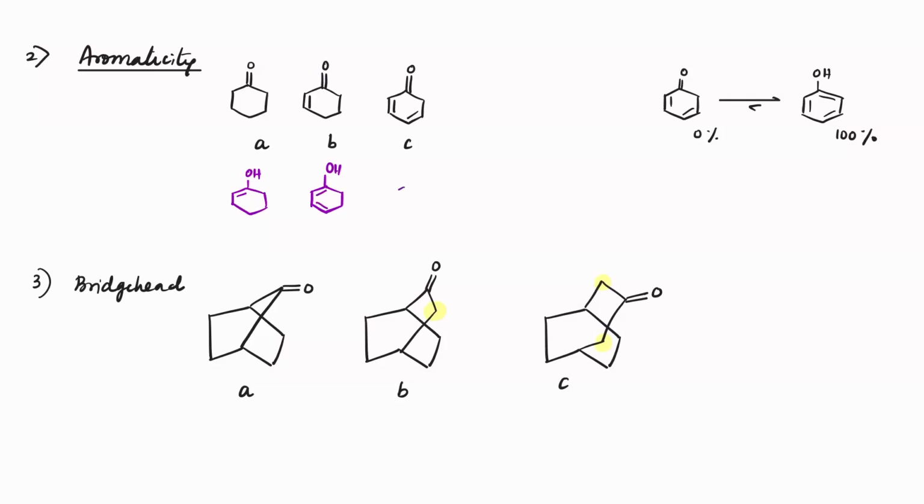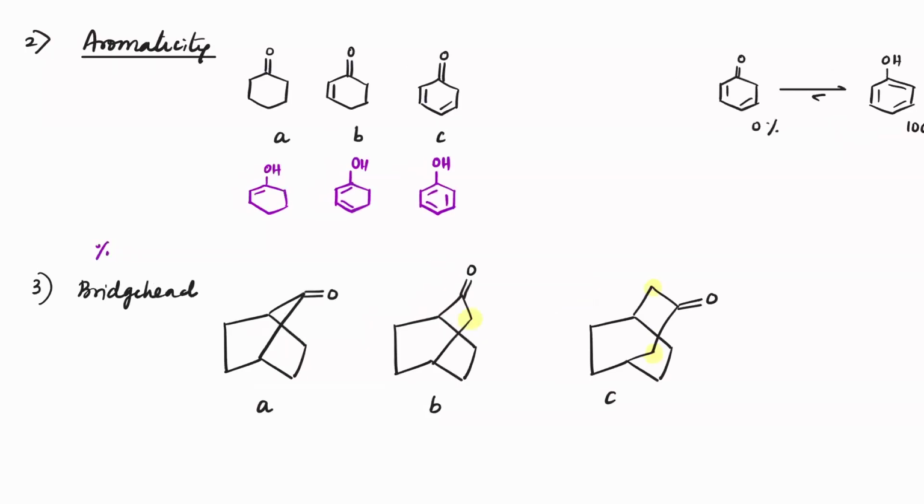In the case 3 here, the enol is completely in this particular form, which is aromatic. Therefore, if you compare the percentage enol here, C has the highest percentage, then B, then A. In fact, this enol percentage is almost 100% because of aromaticity.